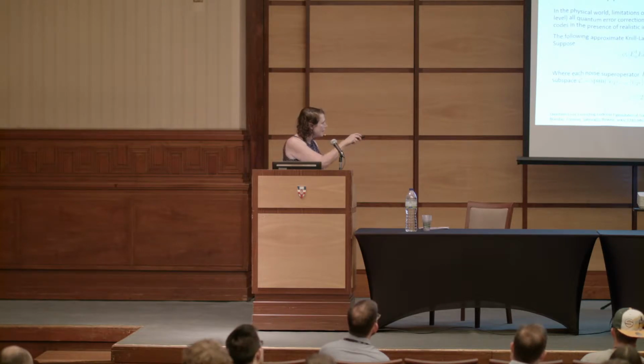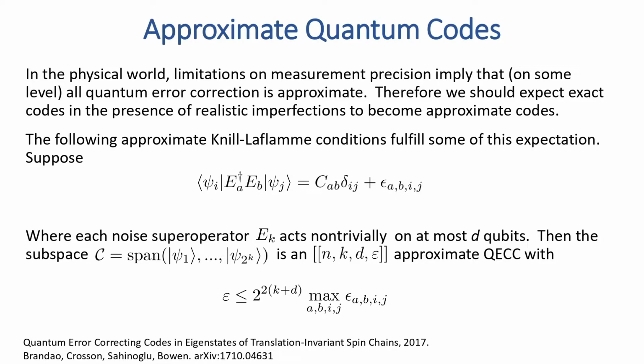But let's say that we relax both the off-diagonal and on-diagonal conditions to allow some extra epsilon piece that depends on everything. Then it turns out, pretty intuitively, that we can get an upper bound on the approximate code error in terms of these additional epsilon.